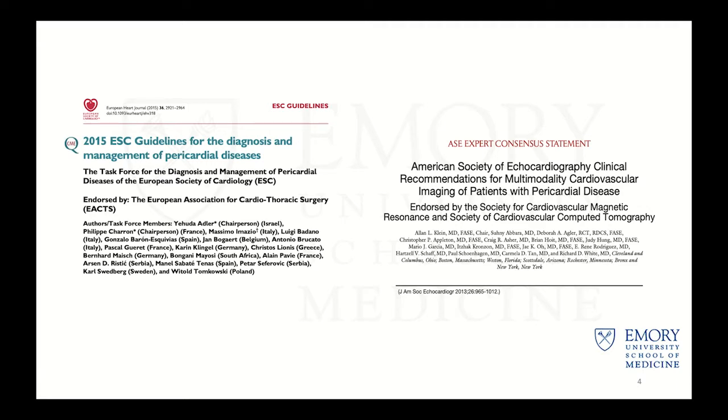The American Society of Echocardiography has published a document which is a recommendation for multimodality imaging in patients with pericardial disease, also a very good resource for assessing hemodynamics from echo and invasive standpoint. So I'll be referencing a lot to these 2 documents.